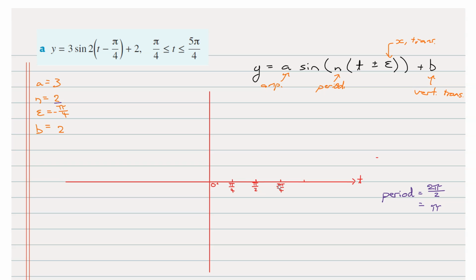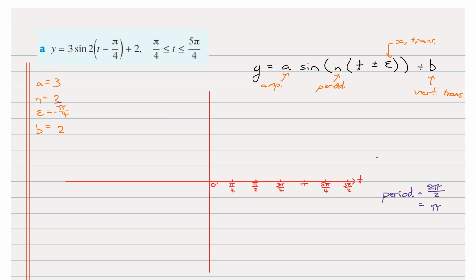Going one across, we're going to go to pi. One across again, we're going to get 5 pi over 4. And one after that, we're going to get 6 pi over 4, or we can say 3 pi over 2.